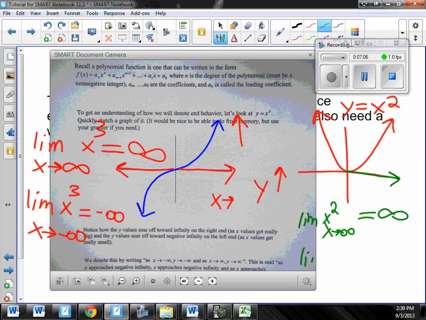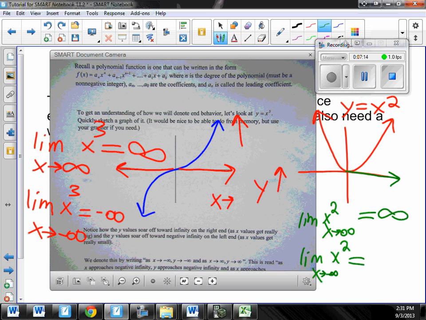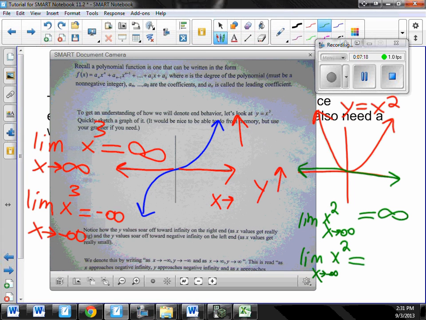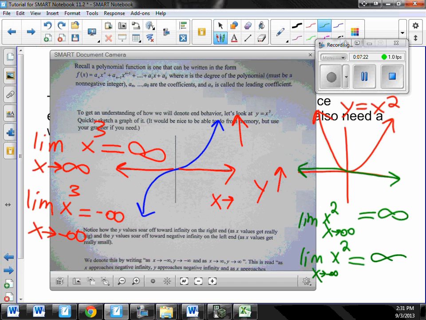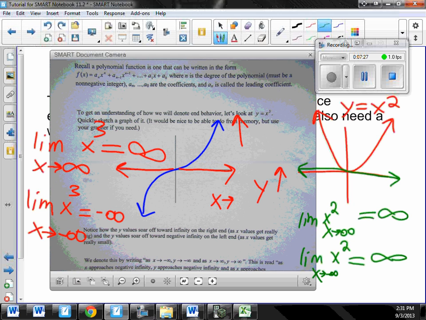And the limit of x squared as x approaches negative infinity would be, so as I move to the left, what direction do my y's go? Up toward infinity. Okay? So the x to the third has one up and one down, and the x squared has two ups.